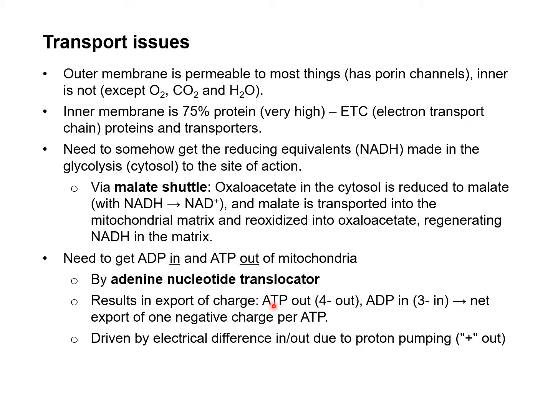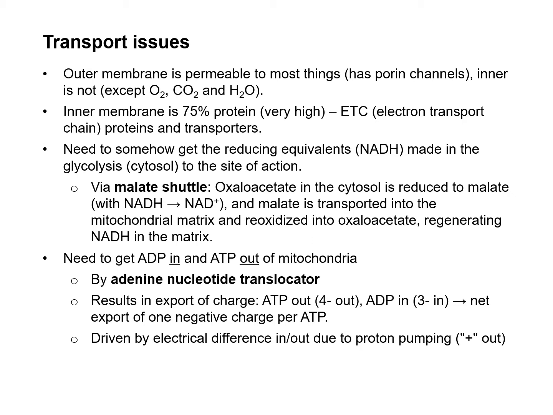So when ATP goes out, basically ATP has 4 negative charges. So the 4 minus, or the negative charge, goes out, and ADP comes in, meaning that only 3 negative charges come in. So the net export is going to be 1 negative charge per ATP that gets in.